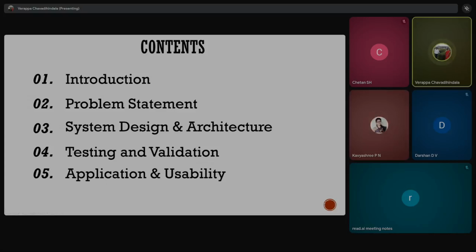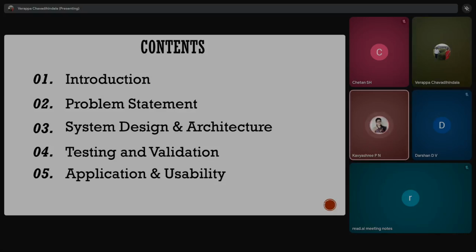Yes, ma'am: system design, architecture, testing and validation, and application and usability. They are already mentioned in the rubrics, ma'am, what is to be there in the slides. That's why we are using these three things. Where was it given? Like in the mark sheets, in the rubrics it was mentioned.